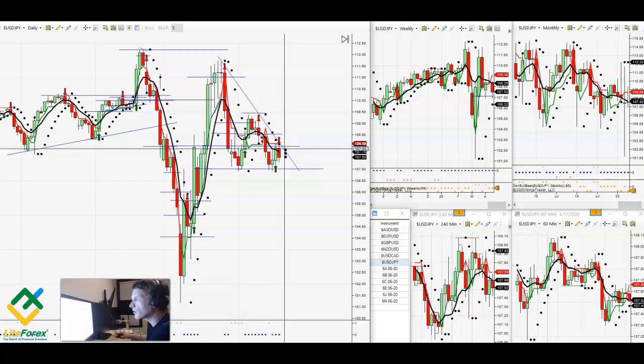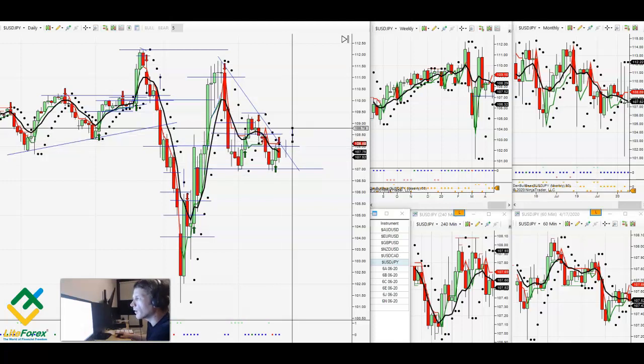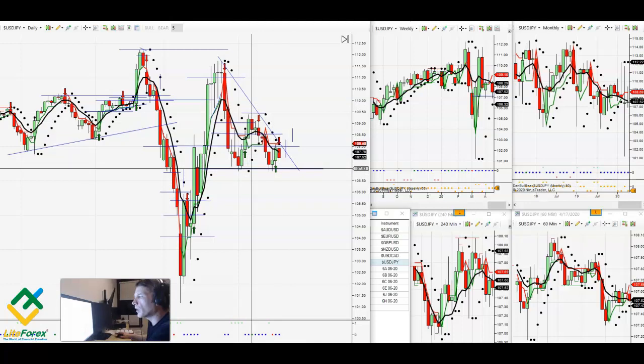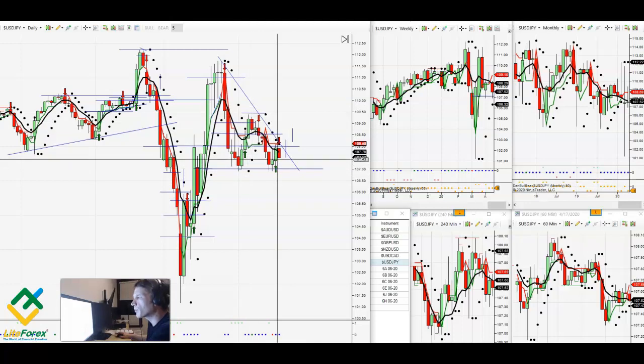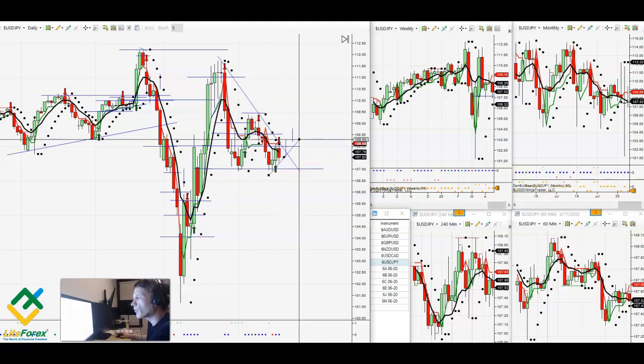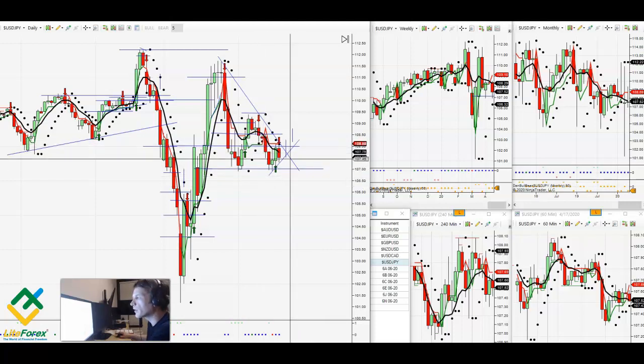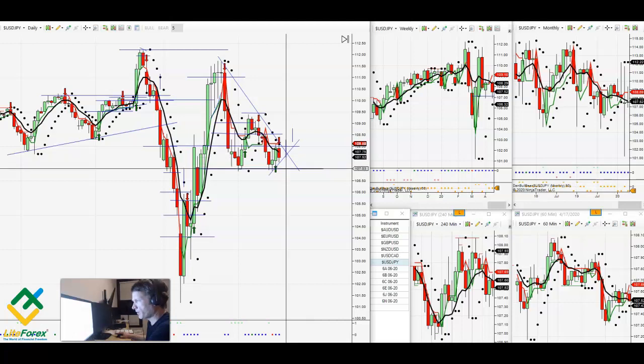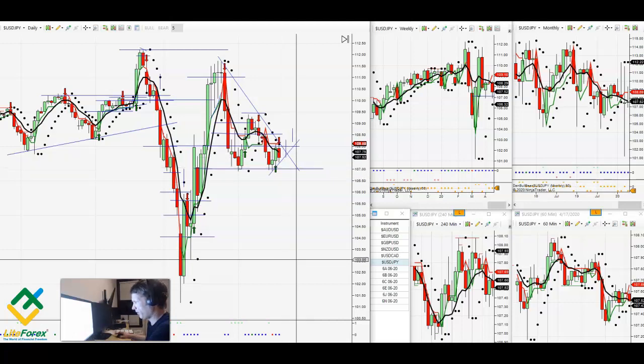It could just break out like this, something like that, and then I would say we held this support. 107 was strong support, held the support, put in the higher lows, and then I'd be pretty confident that this would be breaking the other way. But as of right now, it does look like it could come down and bust through 107 and go bearish.